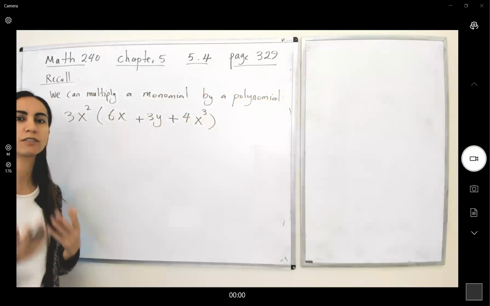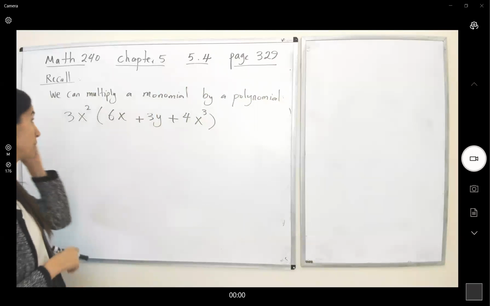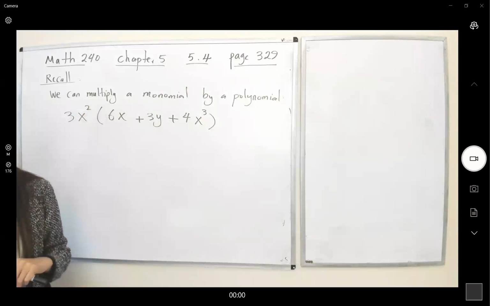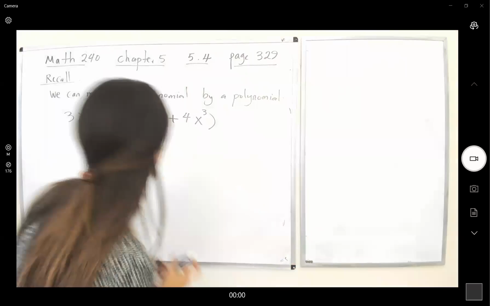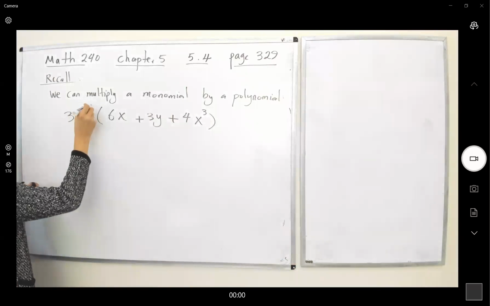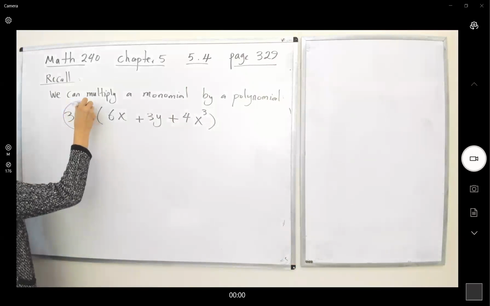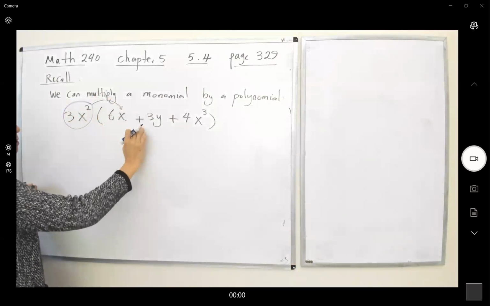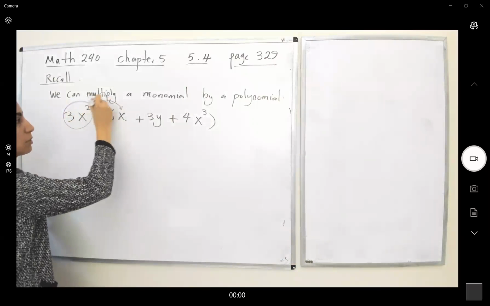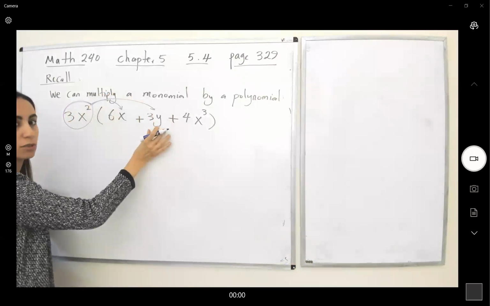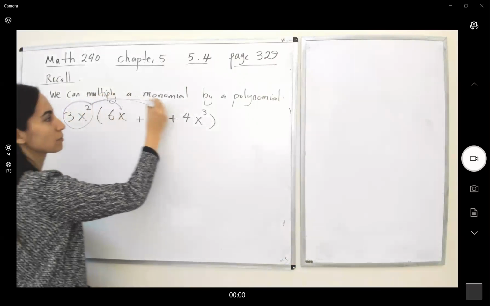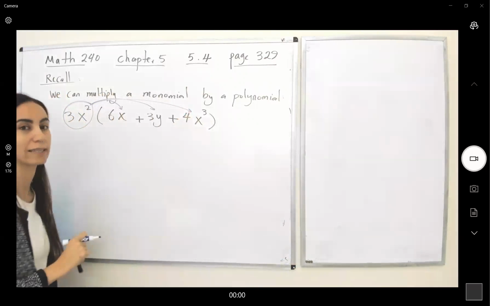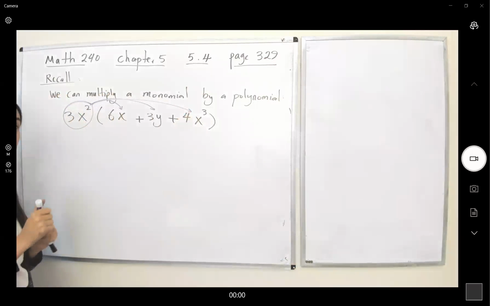So how did we do the multiplication? Remember that we take this monomial, this expression right here, and we distribute this monomial into the parentheses, multiplied by the first term, plus the operation stays the same, multiplied by the second term, plus the operation is addition, and we multiply the monomial by the last term, or x cubed.